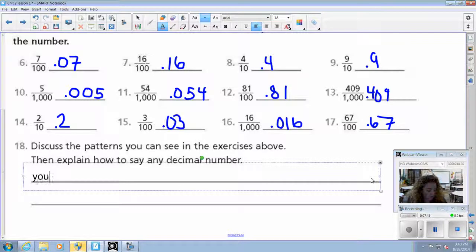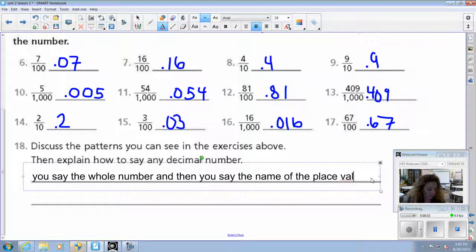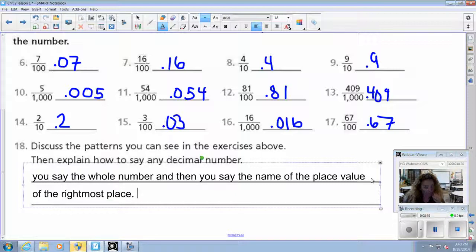So you say the whole number, and then you say the name of the place value of the rightmost place. So the number at the end of the number, you say its place value, what it equals to.